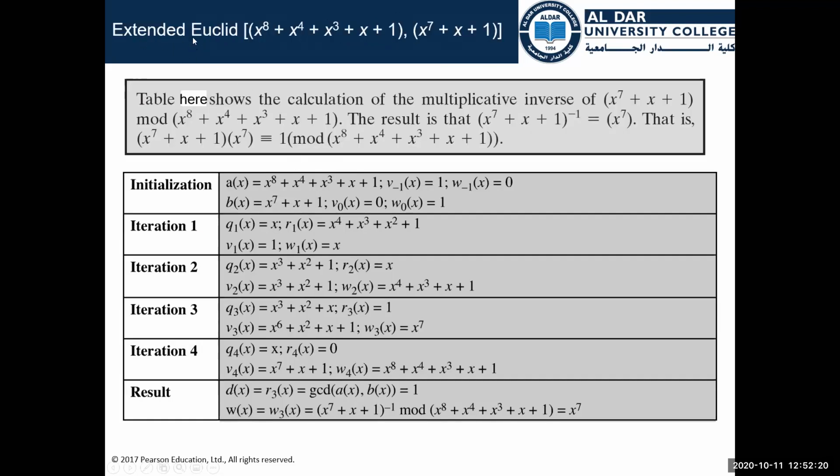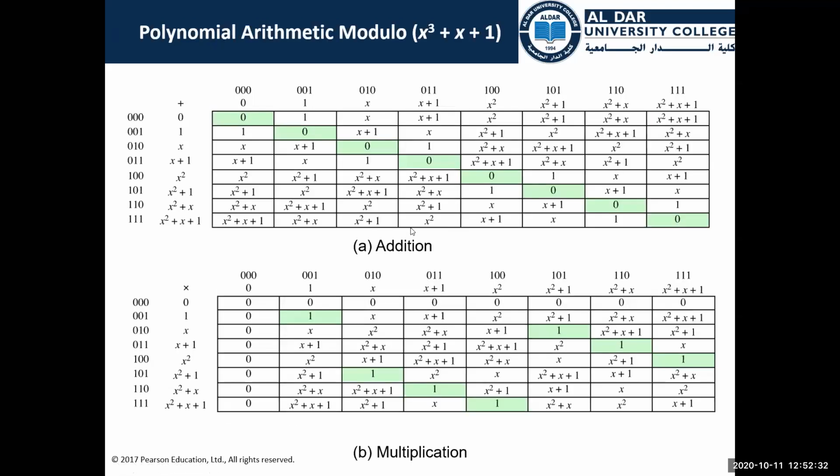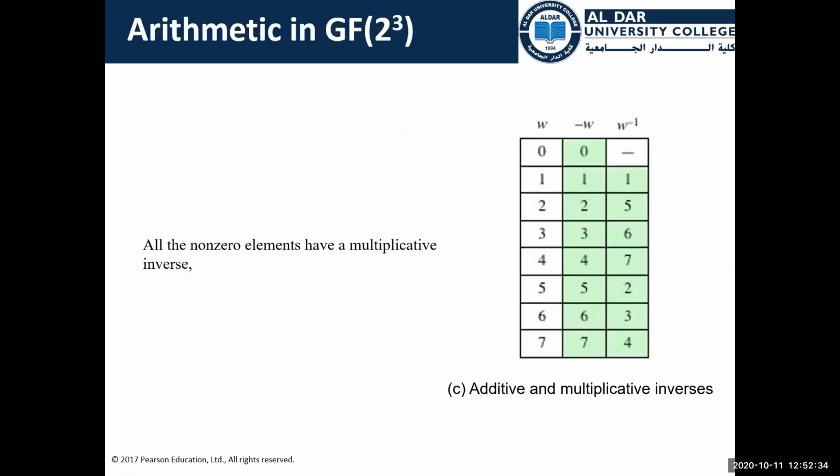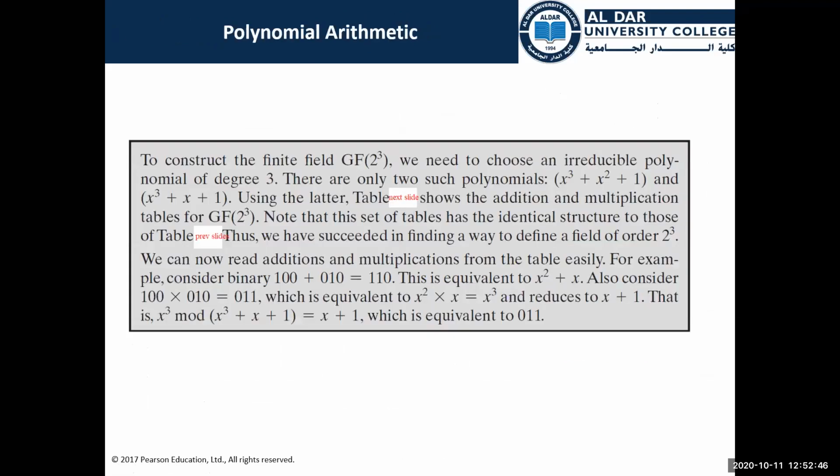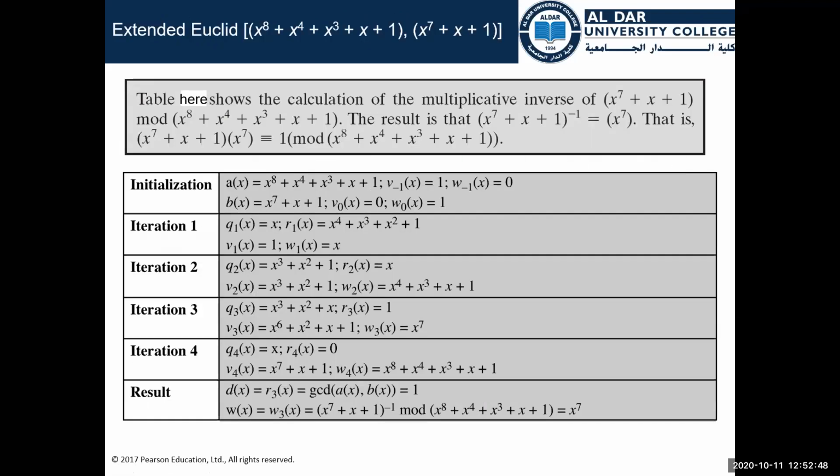The extended Euclidean algorithm. If we want the inverse of any number, we have to use the extended Euclidean algorithm to get the inverse of the numbers in GF of 2 to the power 3, or any 2 to the power n, because in symmetric and asymmetric key creation we will use 2 to the power 8. So we will also use this algorithm. I just want you to know the name of the algorithm.